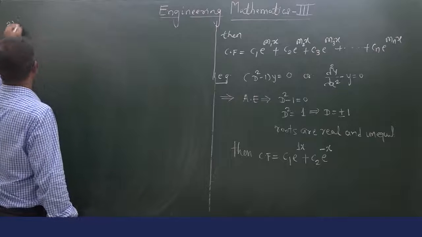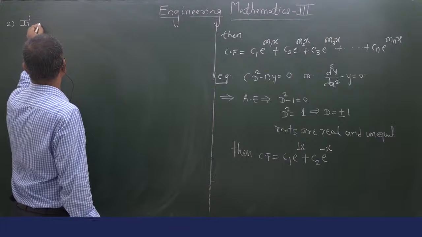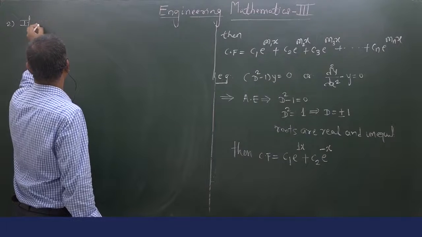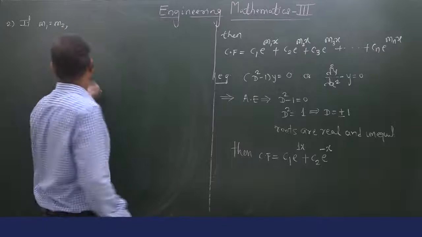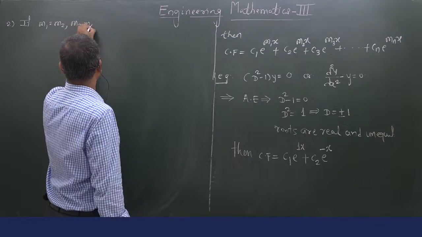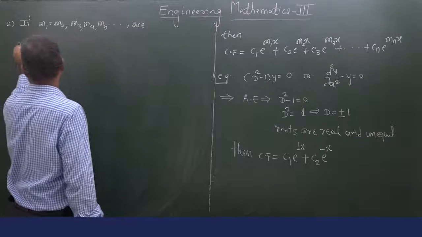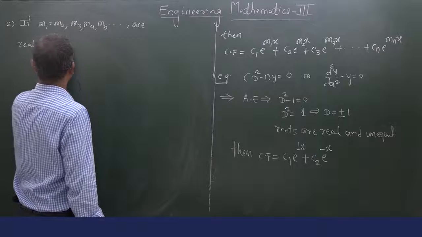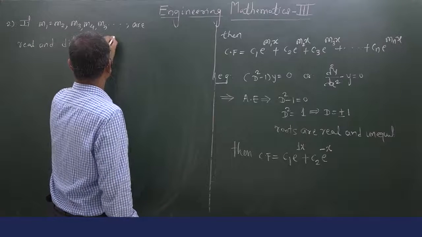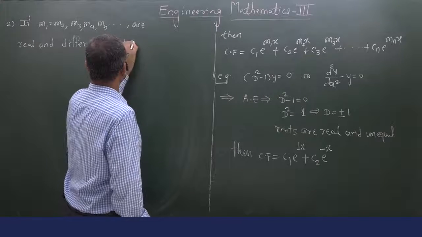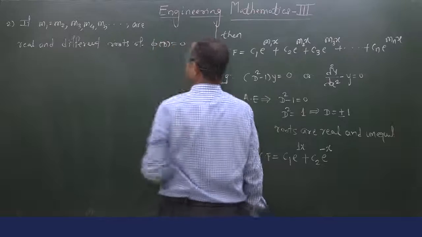The second case is if m1 equal to m2 and m3, m4, m5 are real and different roots of auxiliary equation phi of D equal to 0.